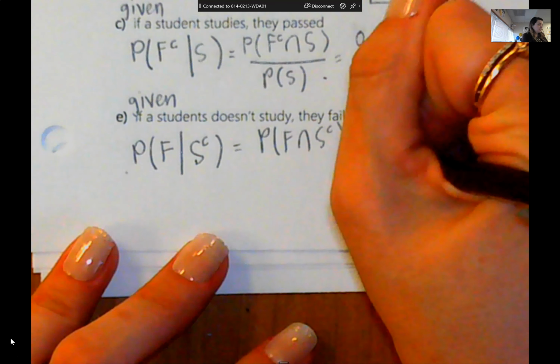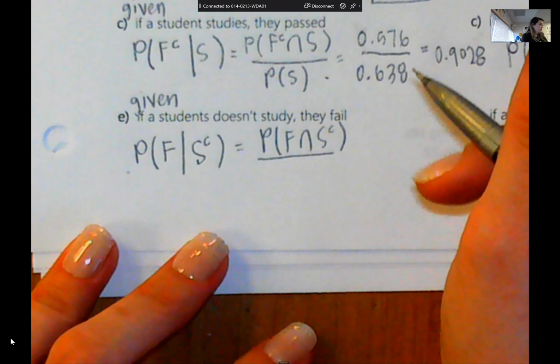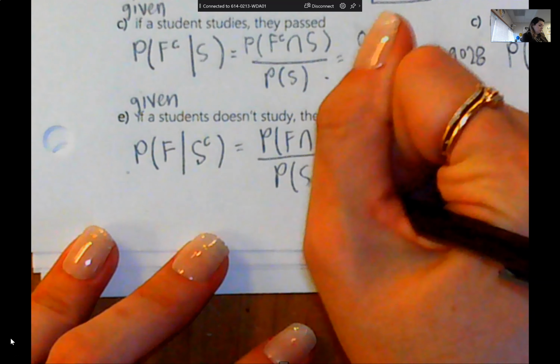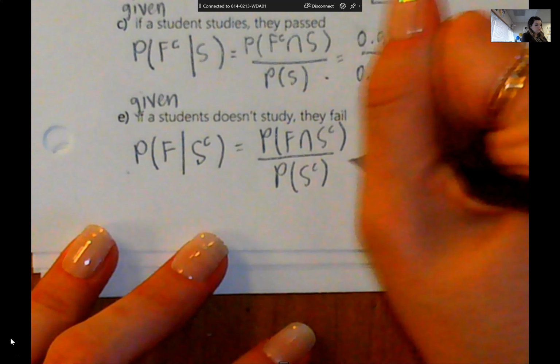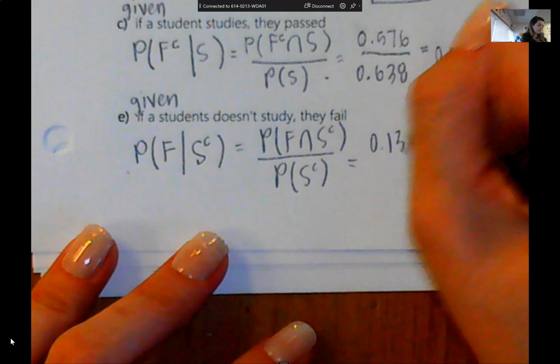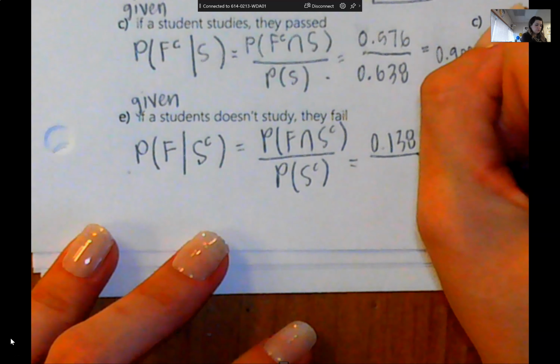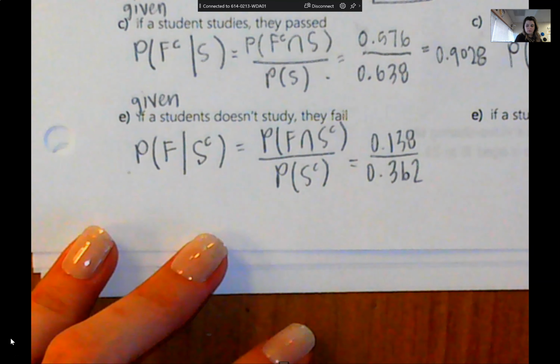Failed and did not study over did not study. So 138 over 362. Is that true?